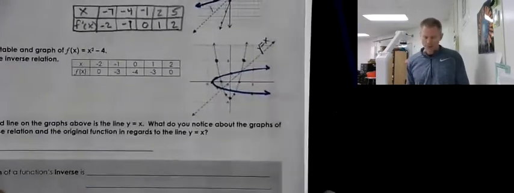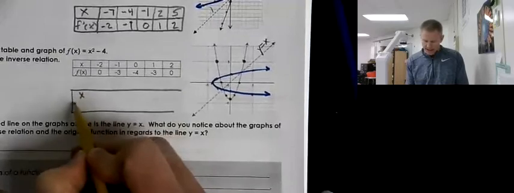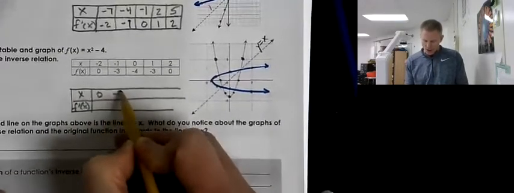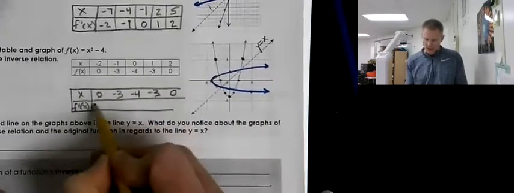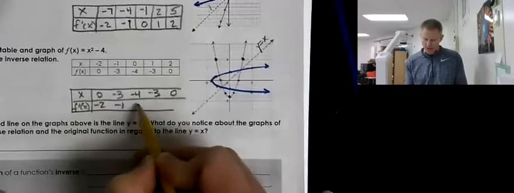Of course, some of you might prefer to use x and f prime of x. Take all of your y values and make them your x values. Take all your x values and make them your y values.